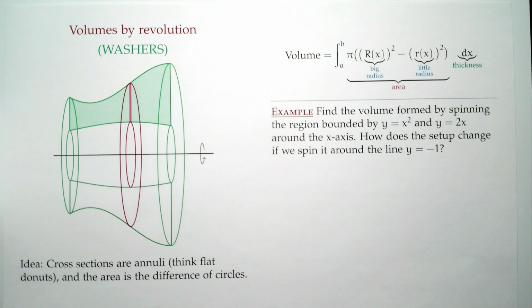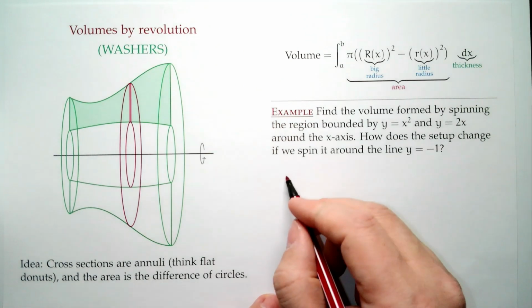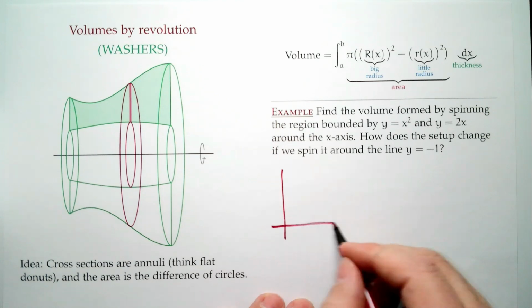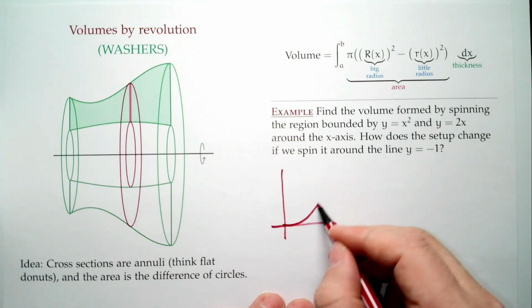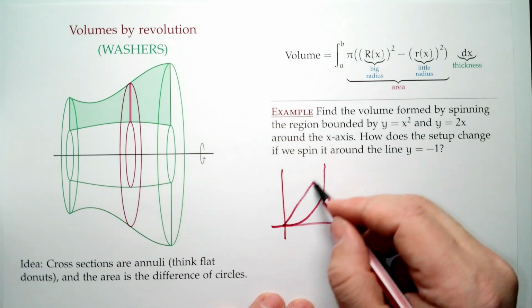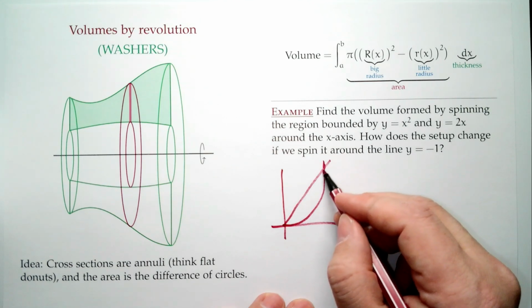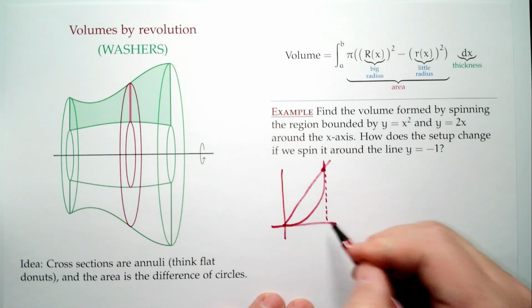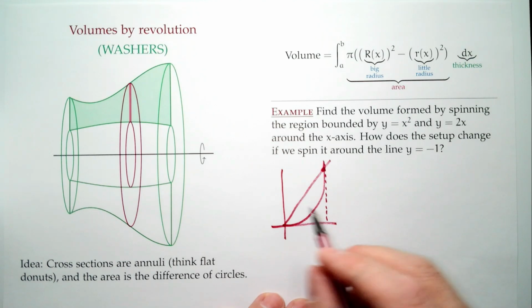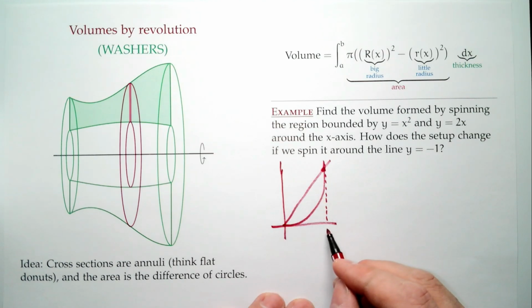So we'll just quickly go through this last example. y equals x squared and y equals 2x. If you graph those, you get y equals x squared and you get y equals 2x. They actually intersect. Can you see where they intersect? They intersect at 2.